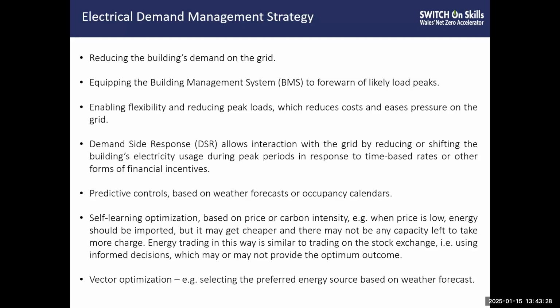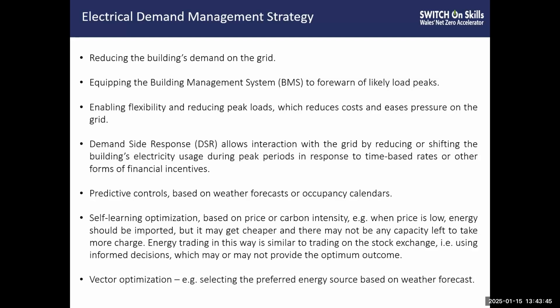Characteristics of an electrical demand management strategy include things like reducing the building's demand on the grid, equipping the BMS, or the building management system, with the ability to forewarn occupants of likely load peaks in advance.